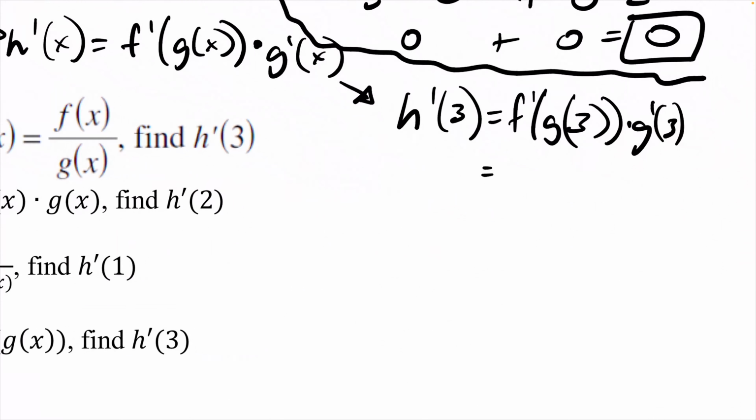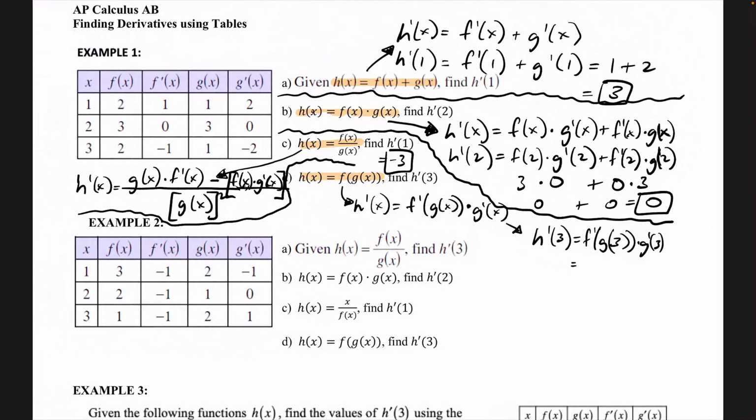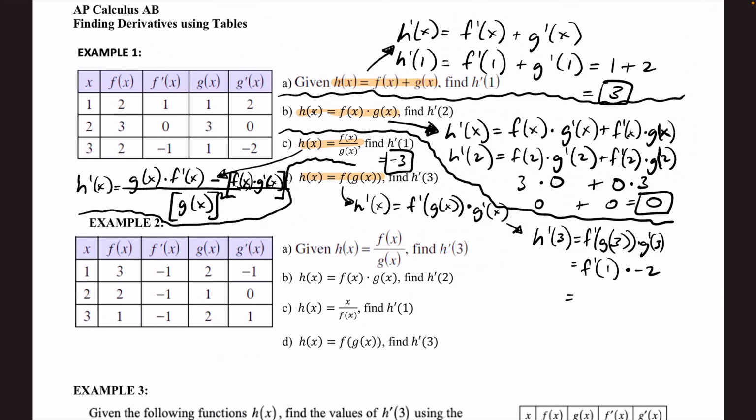So g of 3 is 1, so we get f prime of 1 times g prime of 3. G prime of 3 is negative 2. So f prime of 1 is 1, so it's 1 times negative 2, which is negative 2. Ah, I see.